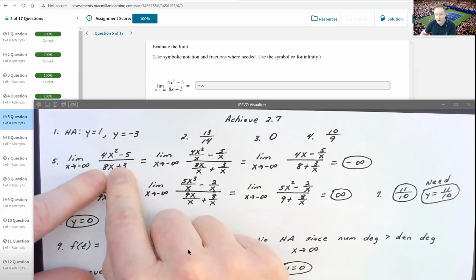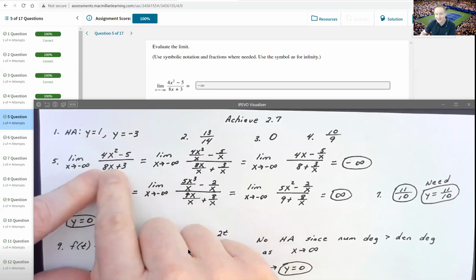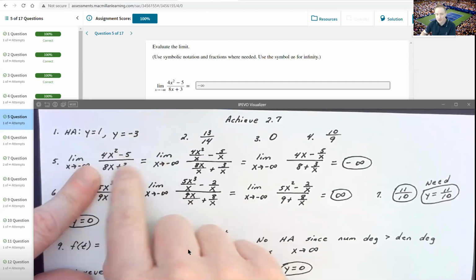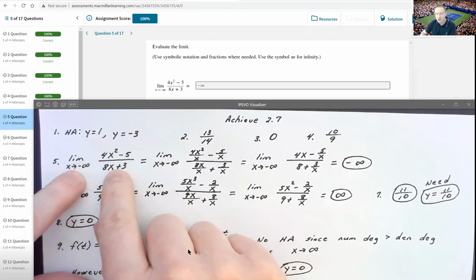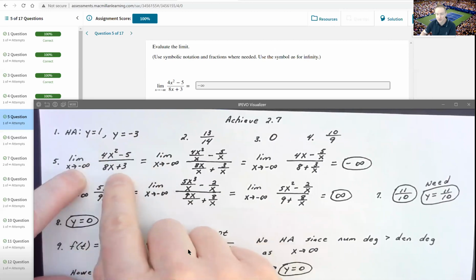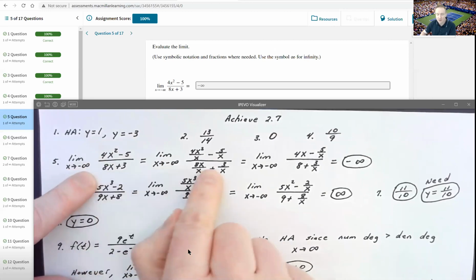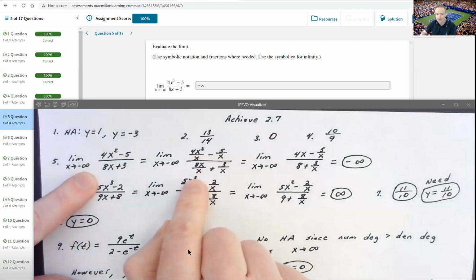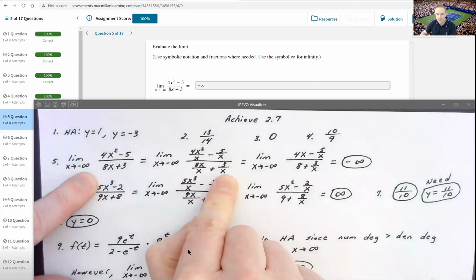In order to show my work in this problem, what I did to simplify it is I divided, and this is the thing you should always do. If you want to simplify a rational function inside of a limit, just divide by the degree of x in the denominator into every single term. So I'm going to divide every single term in this fraction by x to the first. That's a legitimate algebraic maneuver.